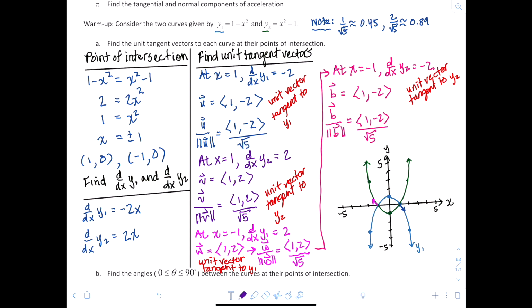Okay, and then similarly, we'll do the purple one next. This one's going to be at the point at x equal to negative 1, so 1, 0 again. And they're both going to be positive. So from 1, 0 over about 0.5, and then up. So it's going to look something like this.